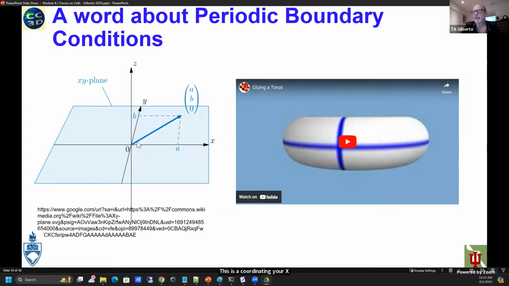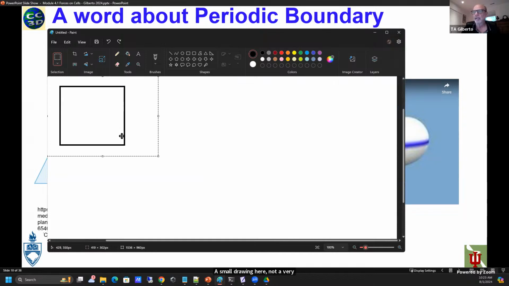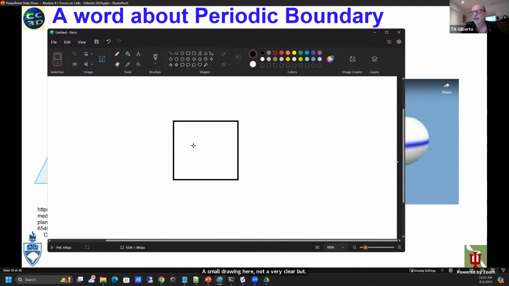Suppose now you have a cell moving. I will do a small drawing here. Not very clear, but here is your grid, your xy plane. Your cell is moving here and going in this direction.